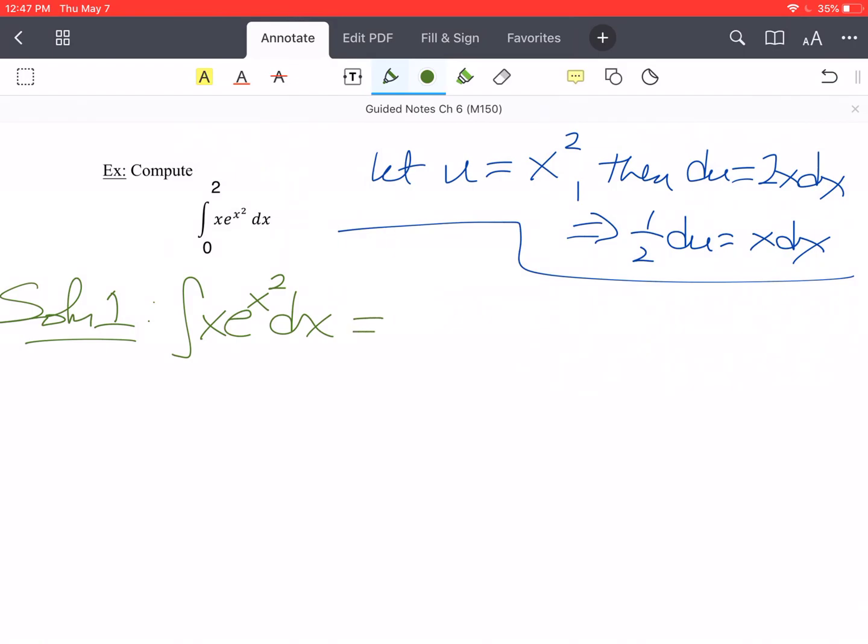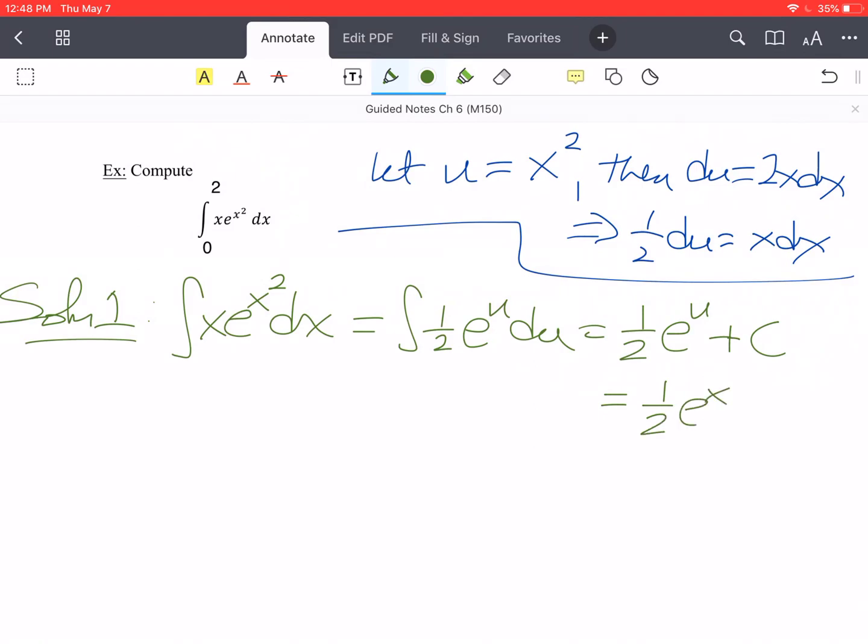Solve that first. That's going to give us 1/2 e to the u du using the substitution up here, which gives us 1/2 e to the u plus c. Then sub back in, so 1/2 e to the x squared plus c.